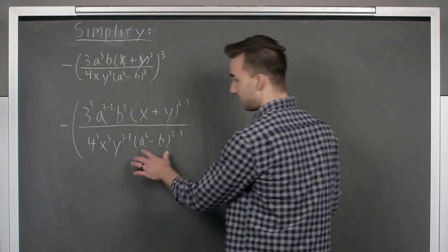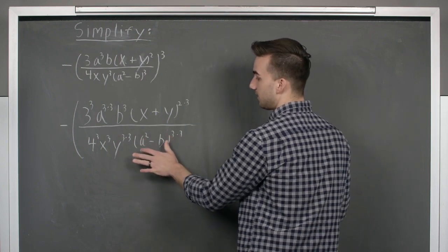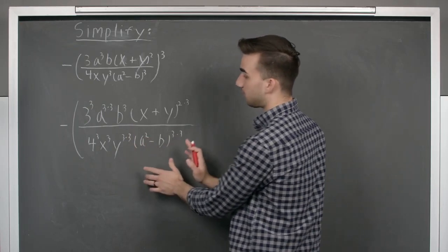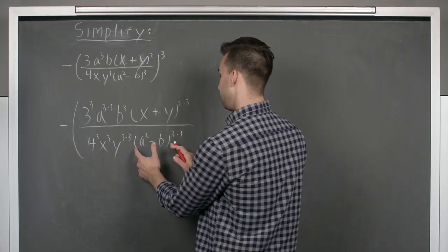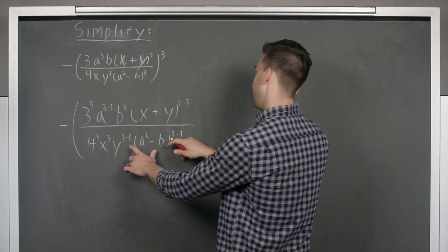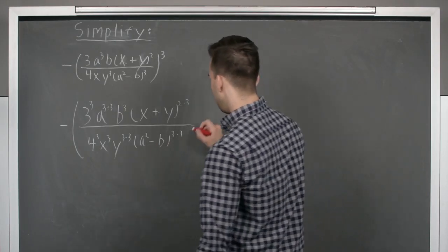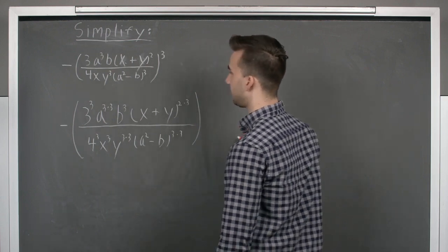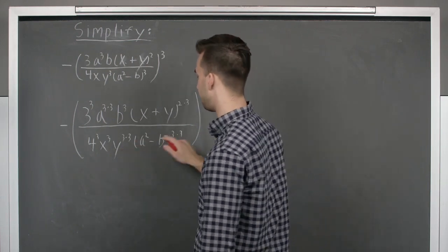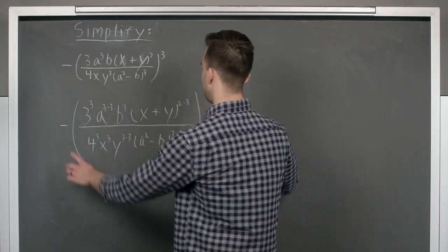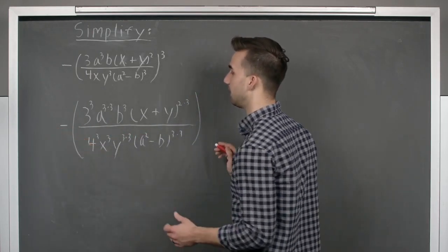Notice how we didn't do what was inside this parentheses, because the parentheses overall is a factor. And so we just did the outside, or we just did the factor. But anyway, we did the exponent, so now we can just simplify all these new exponents and take away the parentheses and just leave the negative.